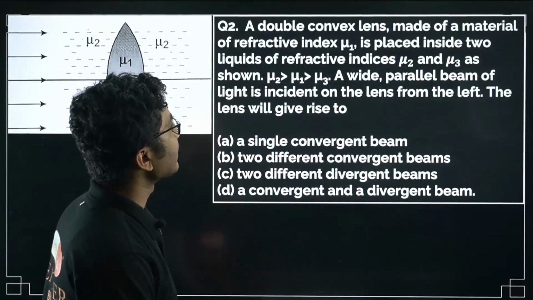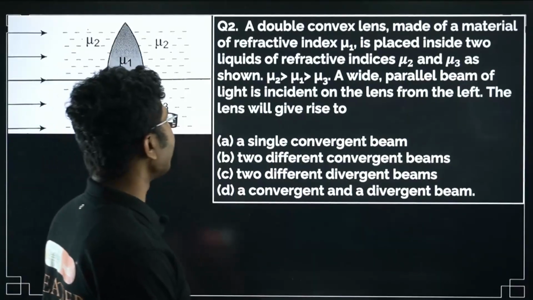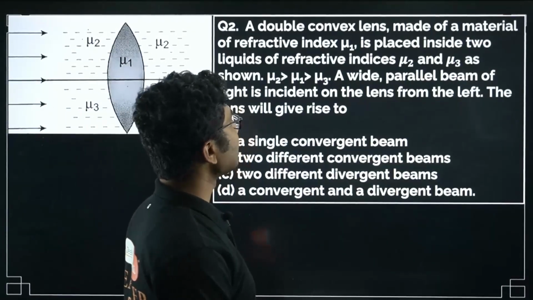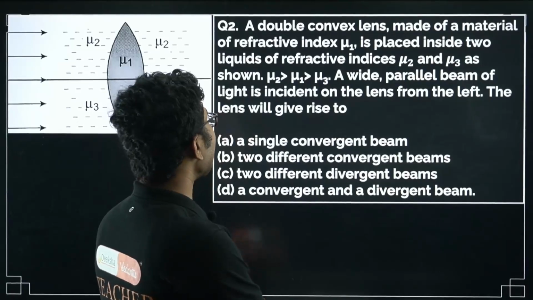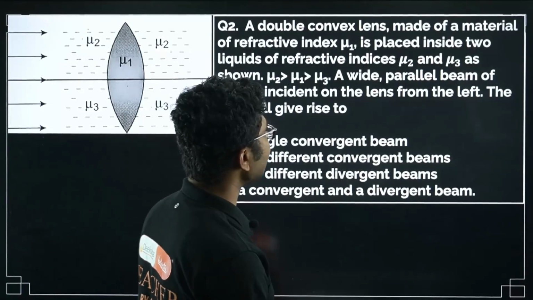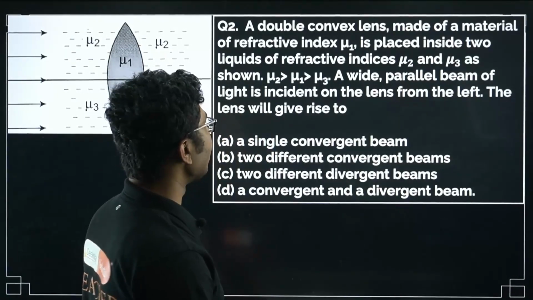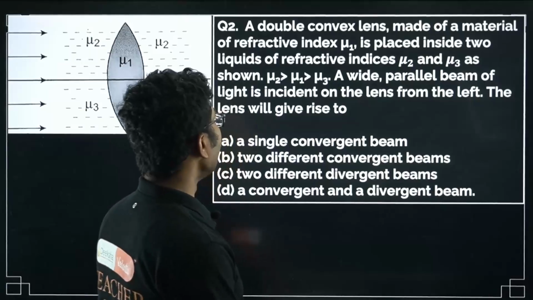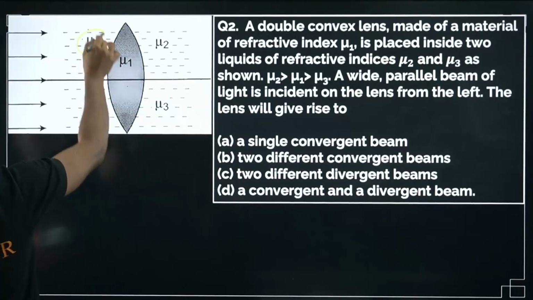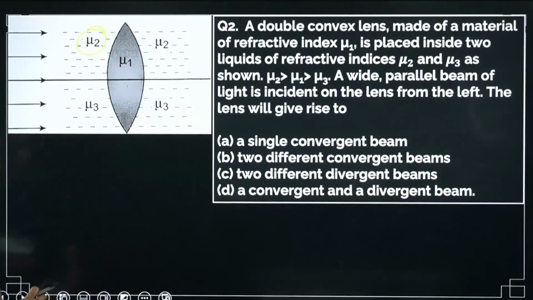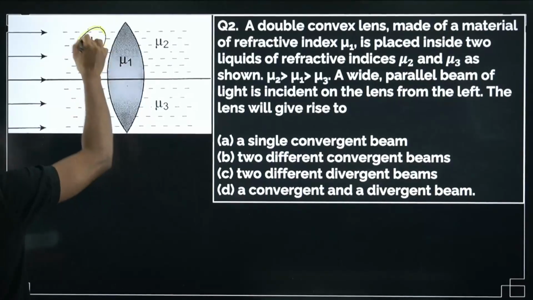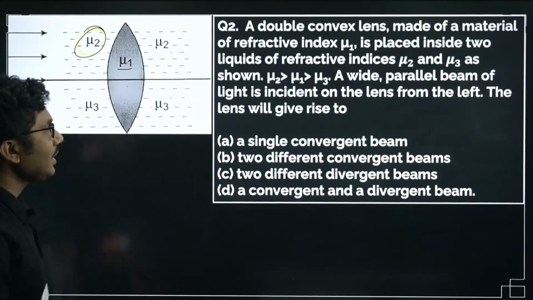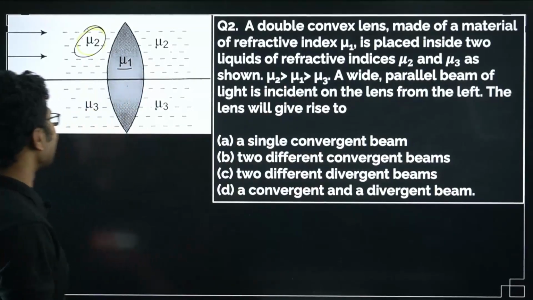A double convex lens made of material of refractive index mu1 is placed inside two liquids of refractive indices mu2 and mu3 as shown in the figure. mu2 is greater than mu1, and mu1 is greater than mu3.